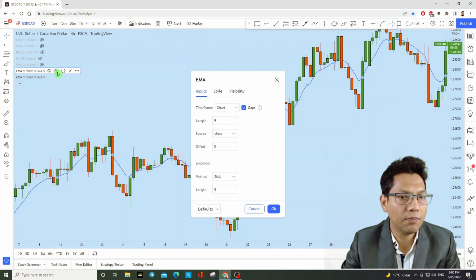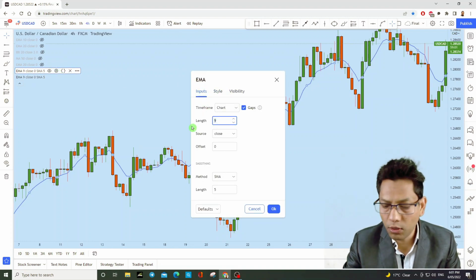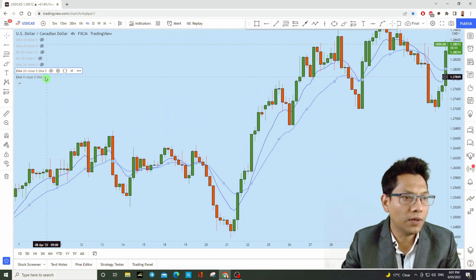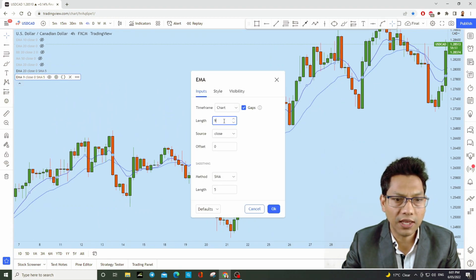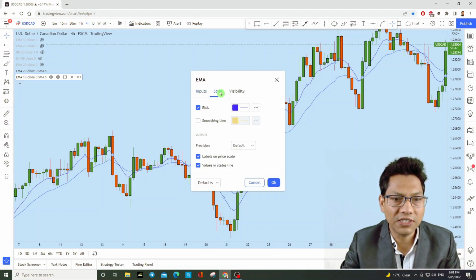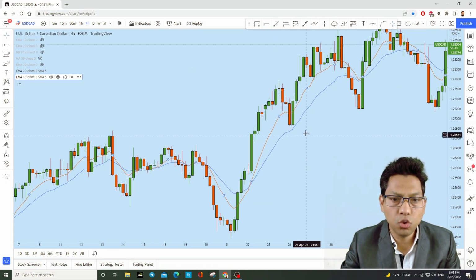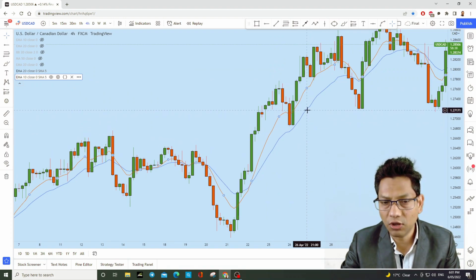Click on the settings button, then go to the style and input. The first one we will set to 20, as I already have one here, and the next one will be the 10 period moving average. Give it length 10, and for the 10 we will use the color red so that we can differentiate them. So these are the two moving averages on the chart that you have seen.